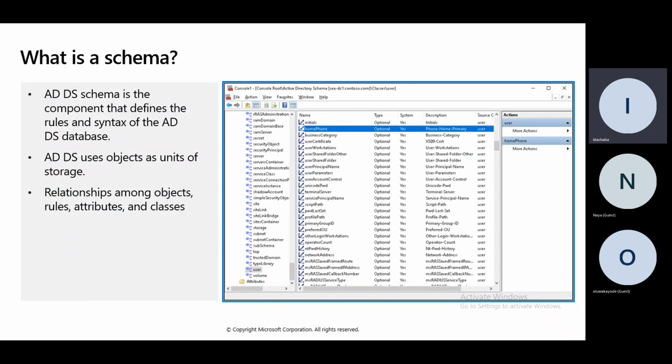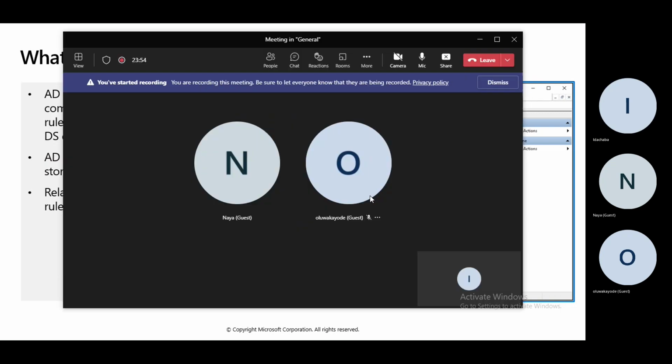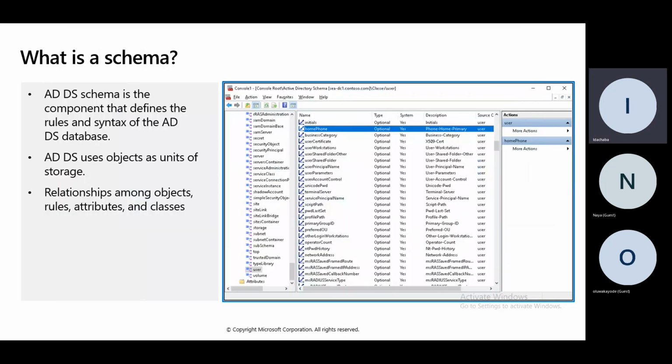So what does schema mean? In your database, schema is very important. For example, if you want to define a database, have you ever filled an online form before?